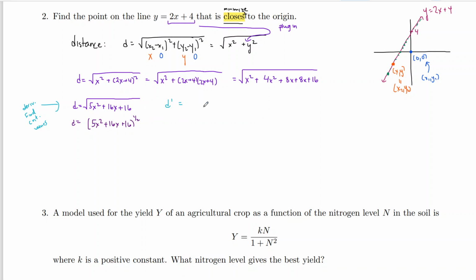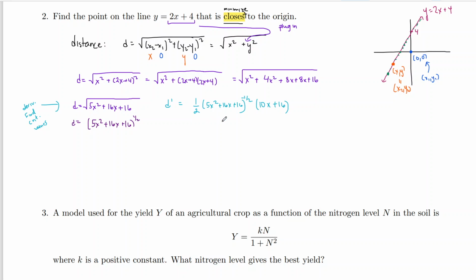And to do the derivative here, we bring the 1/2 down, rewrite the inside, 5x squared plus 16x plus 16. Subtract 1 from the power, it becomes negative 1/2. And then you multiply by the derivative of the inside, which is 10x plus 16. Right. And we want to find the critical numbers, which means we want to set this equal to 0.